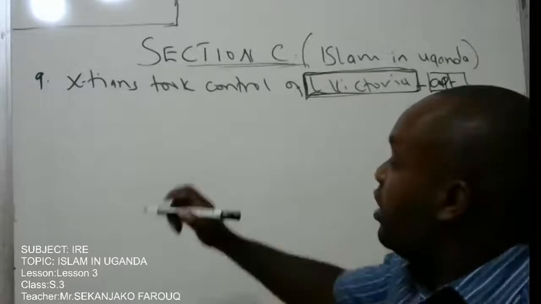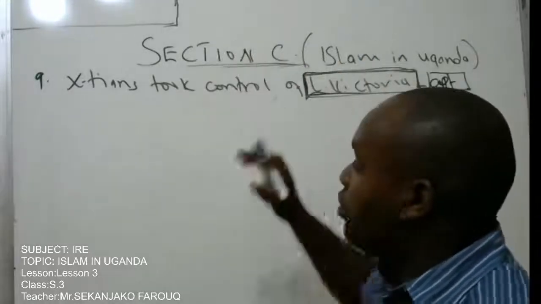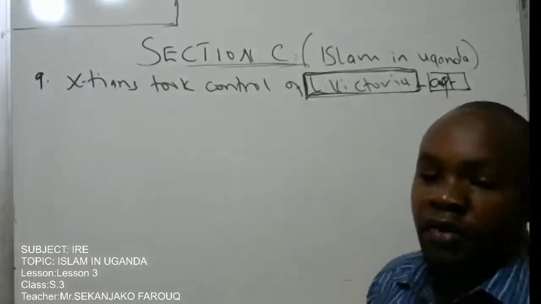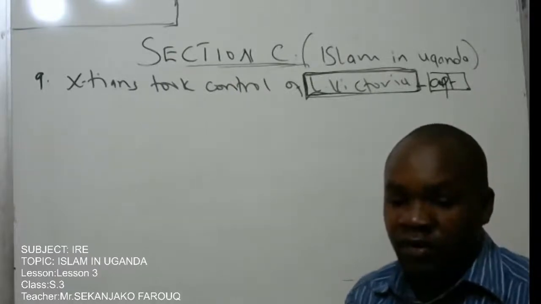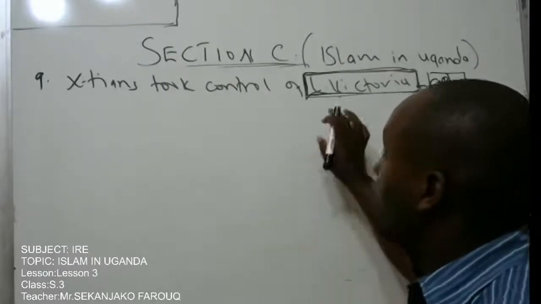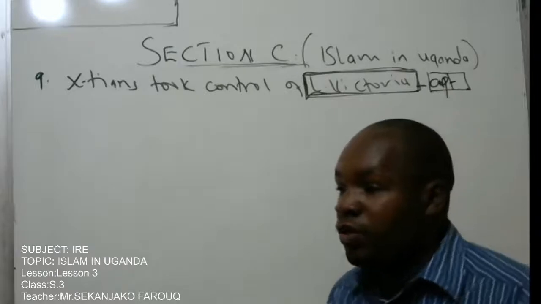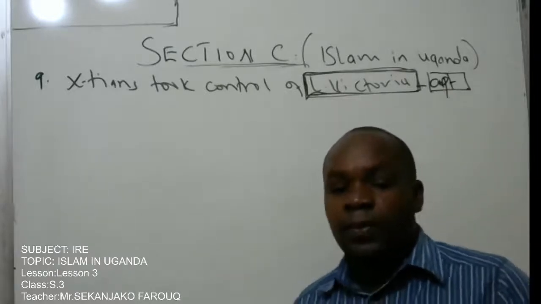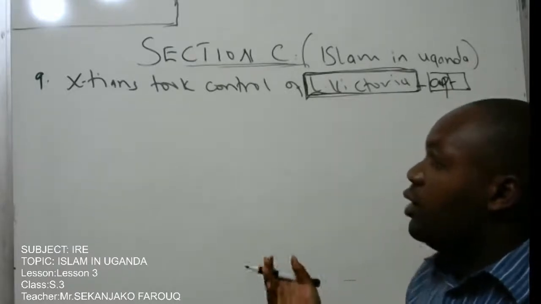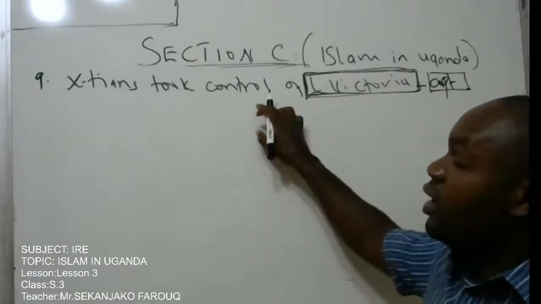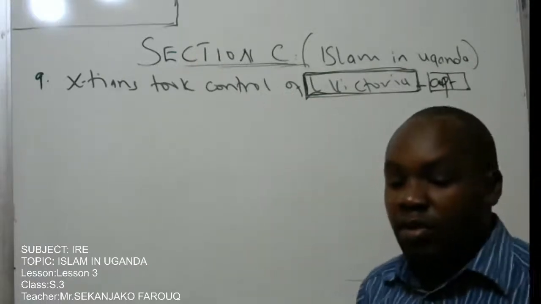So one other reason why the Muslims had to be defeated was the action of the Christians of taking control of Lake Victoria, from which all the fighting weapons for reinforcement had to pass to be handed over to the Muslims, but later it was only handed to the Christians.